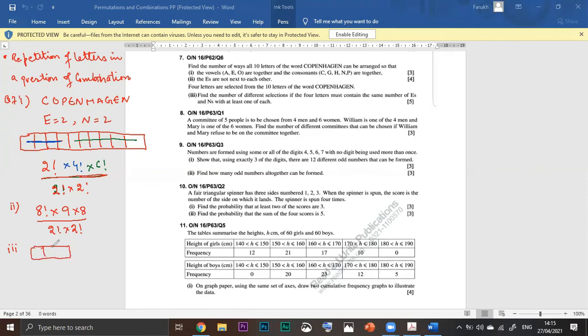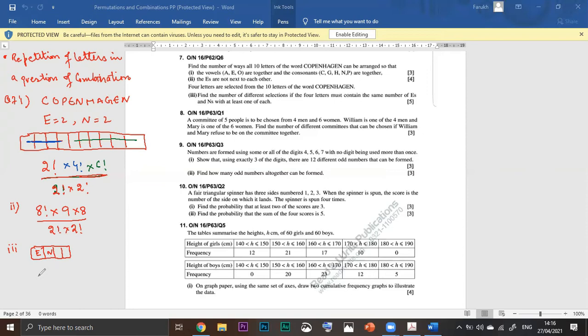Suppose that there is one E and one N. Now, for one E and one N, we will not use 2C1.